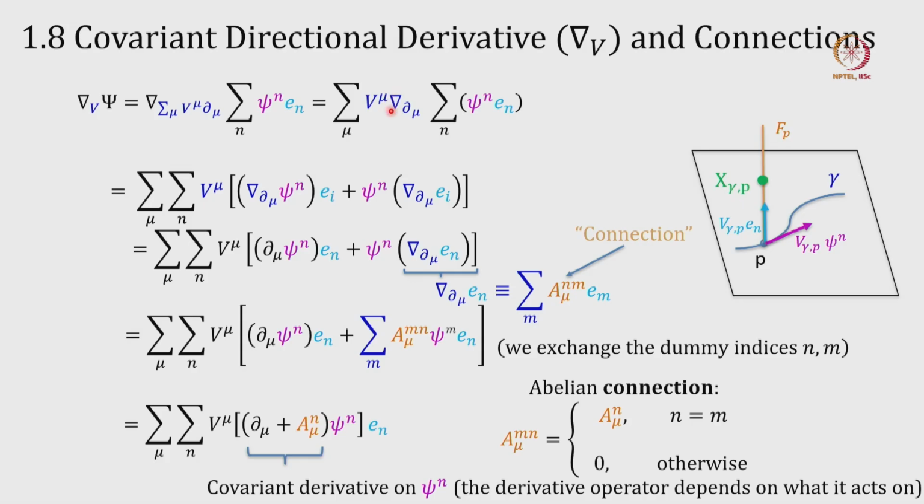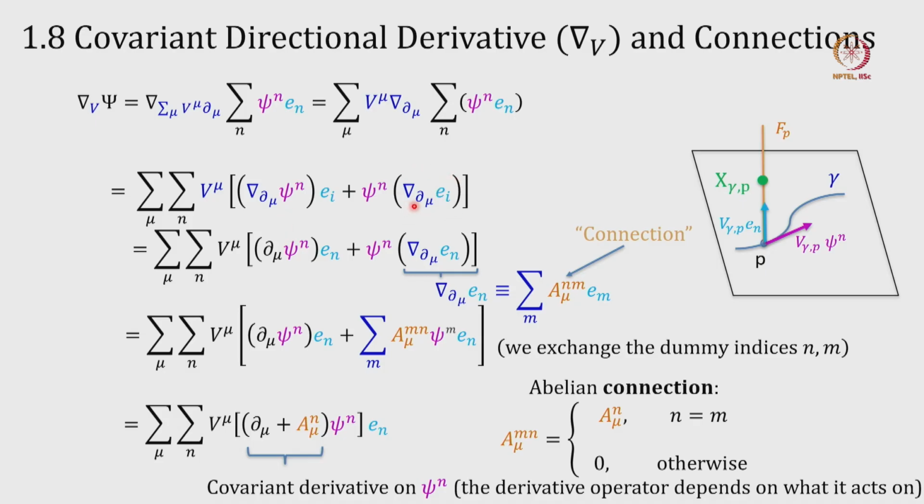And this is the one, then we want to now act on, and we can use the chain rule. The first one acts on the functions or the components, and then this will be acting on the unit vector. It is just a simple chain rule. We keep it the way it is, and now this is the one.